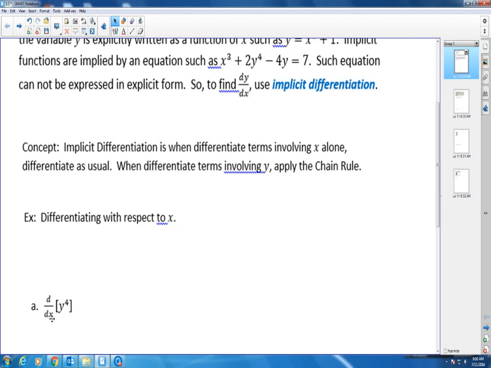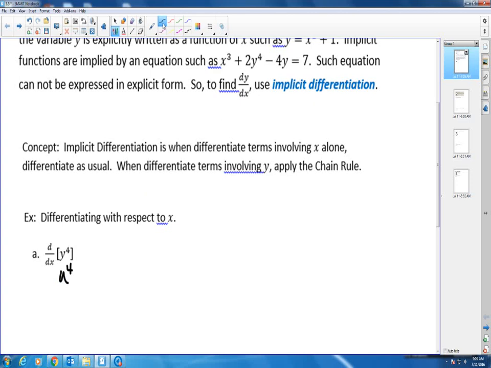For example, if I want to take a derivative with respect to x, my y to the 4 has no x in it. So I'm going to treat this using the chain rule. I'm looking at this y to the 4 like a u to the 4th power.